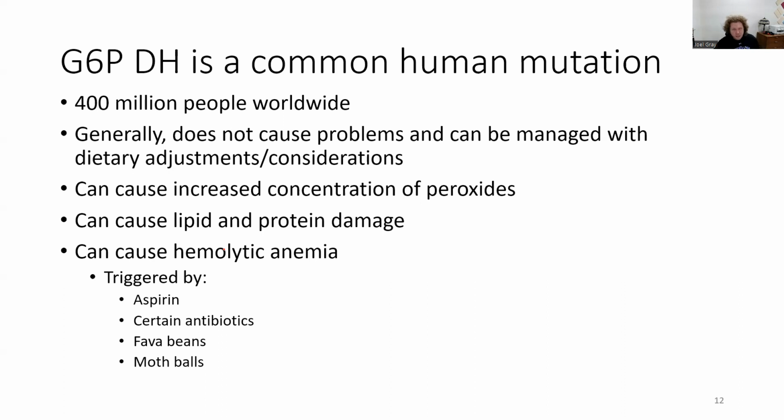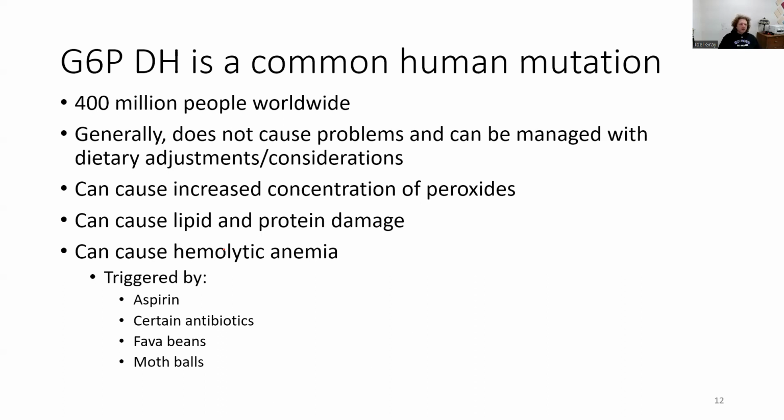Now that can lead to a condition known as hemolytic anemia, where your red blood cells burst. And that hemolytic anemia can be triggered by a number of different things, including aspirin, by taking too much aspirin or maybe taking it too frequently, and certain antibiotics, some of which are fairly common.